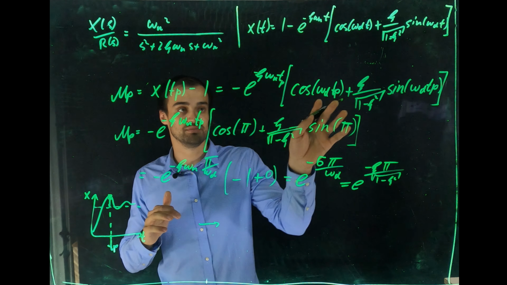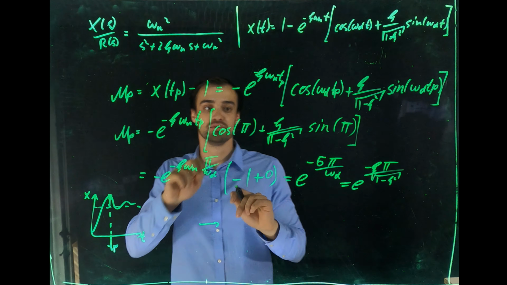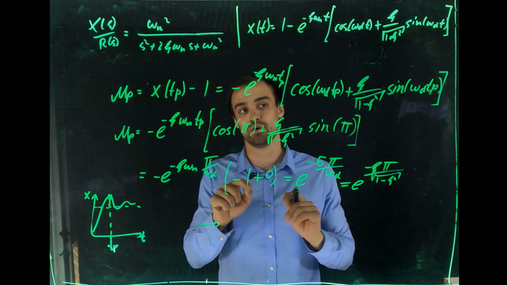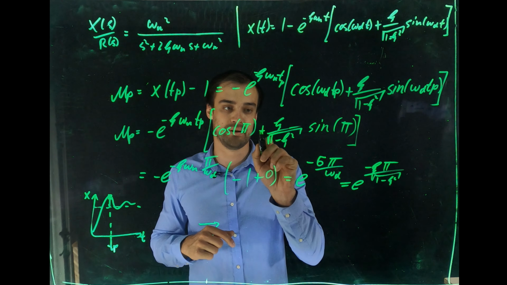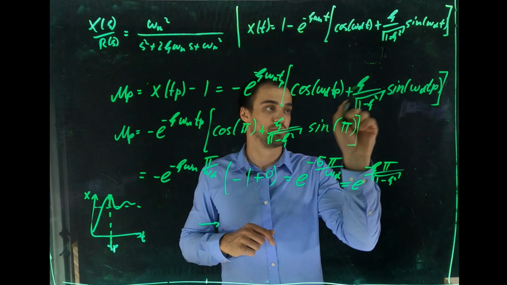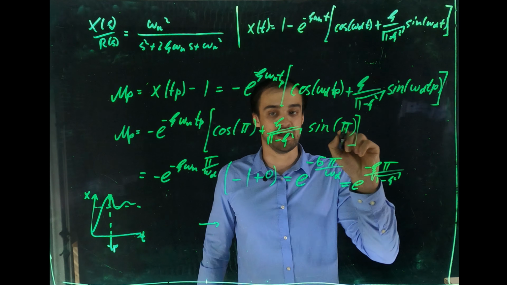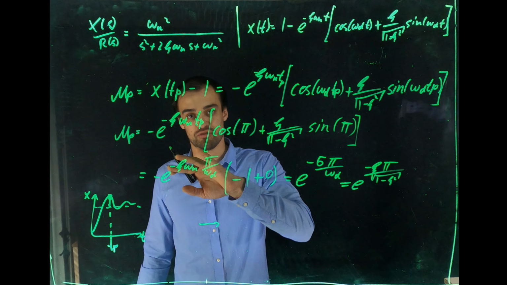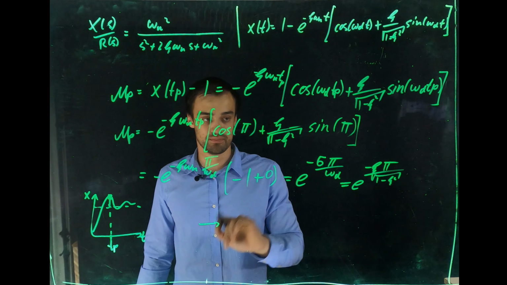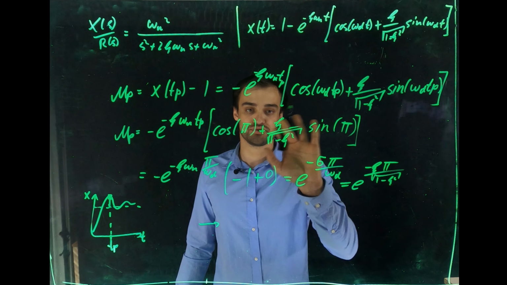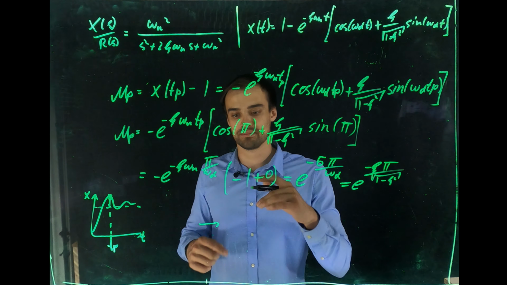Next, I can simplify this, because I plugged in for t_p pi over omega d, which results in cosine of pi plus zeta over this term in the front, times sine of pi. I know the cosine of pi is minus 1, and I know that the sine of pi is 0, so this term doesn't really play a role.